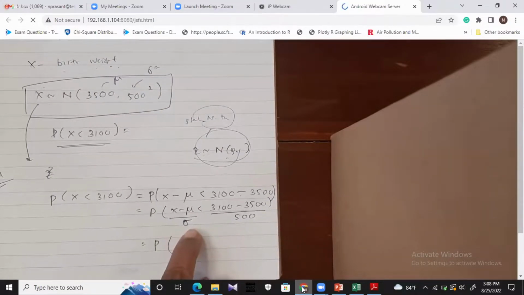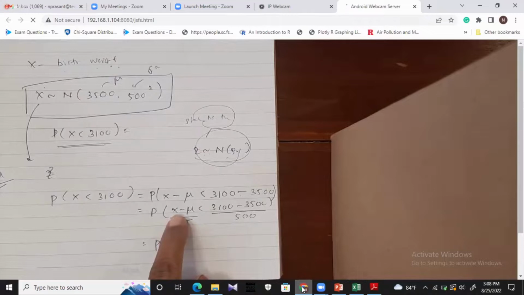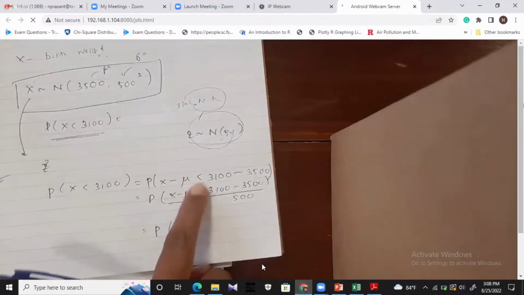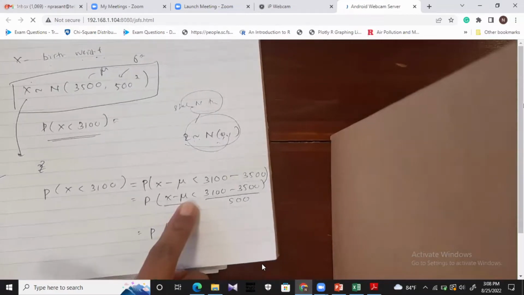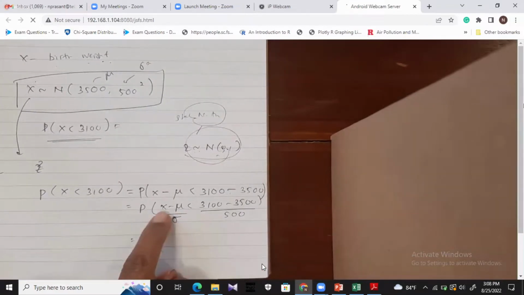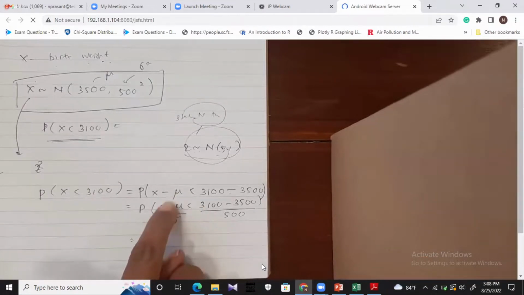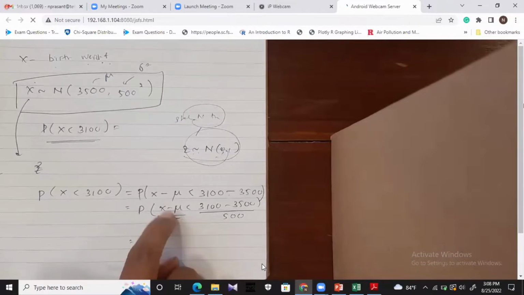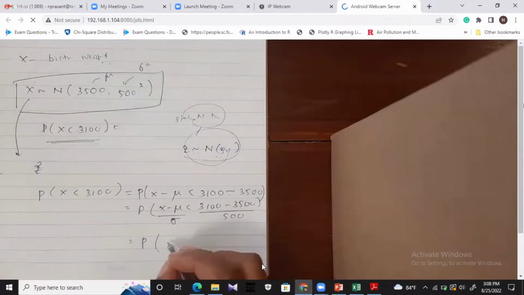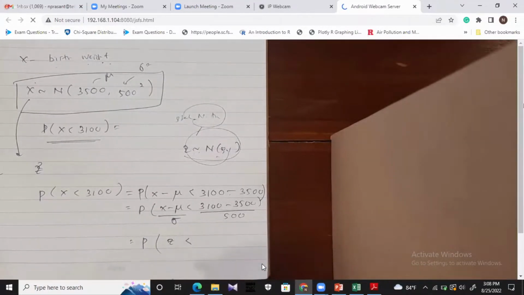What has happened to this x? Earlier it was a normal random variable. Now we have changed this x into x minus mu over sigma, which is called the z random variable or standard normal random variable, Z. Clear?